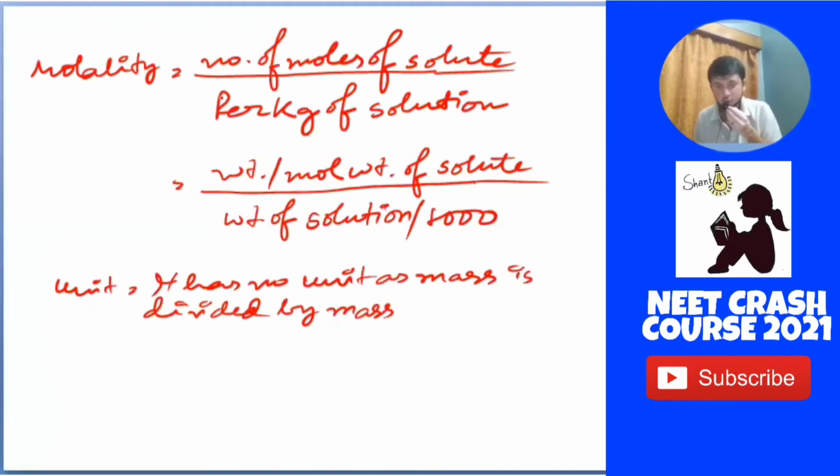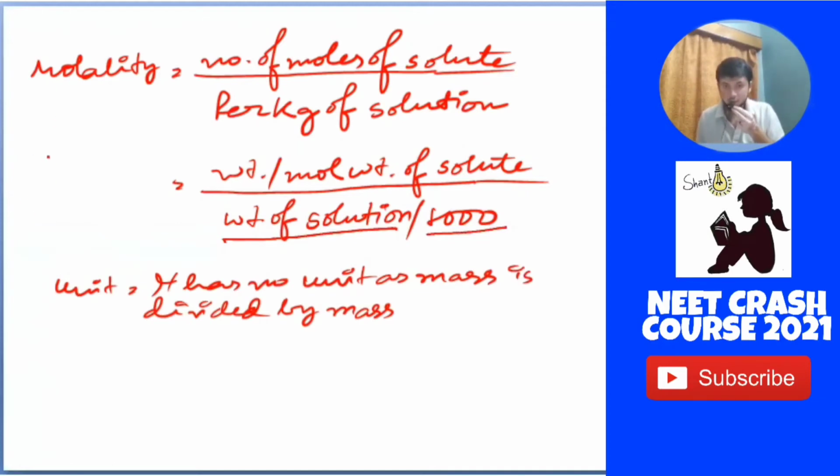That is the number of moles of the solute per kg of the solvent. So number of moles of the solute, we have seen, is weight by molecular weight of the solute. But in molarity, we have seen the volume of the solution by 1000, but here it is not volume, it is weight of the solution by 1000. That is the difference between molarity and molality.